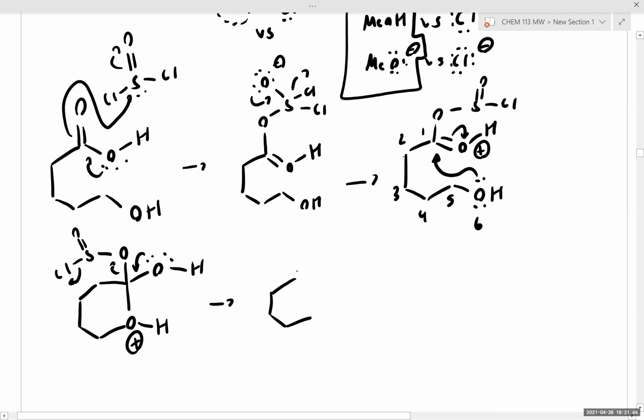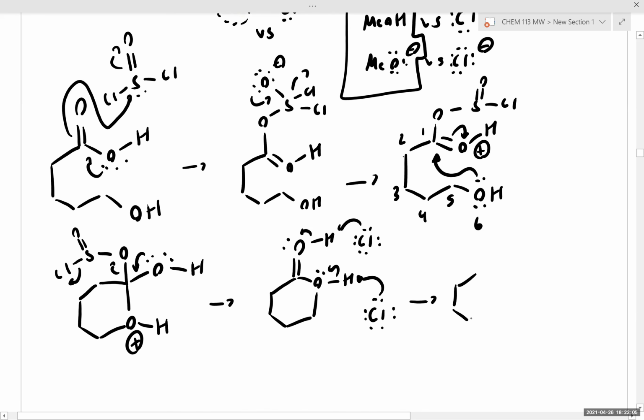And from here, we now have this ester. And then we're just going to do some cleanup steps where we pull off these protons. And that'll give us our desired cyclic ester, and we call these species lactones.